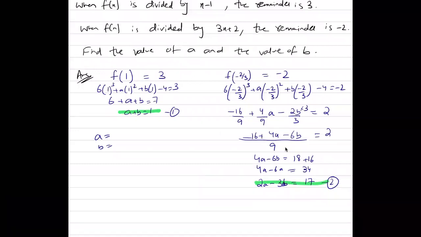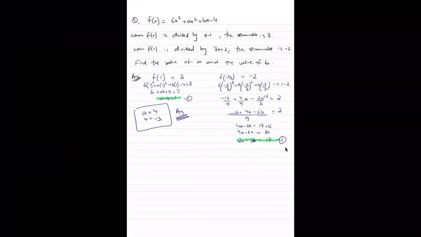B is minus 3 and a is 4. Okay. Yeah. So any doubts in remainder factor theorem and the division of polynomial? No. Okay.